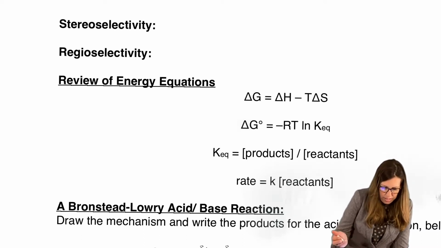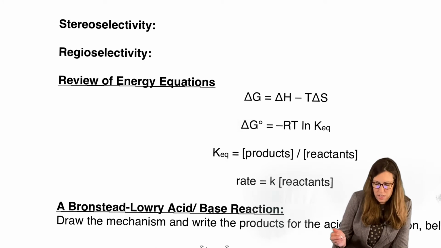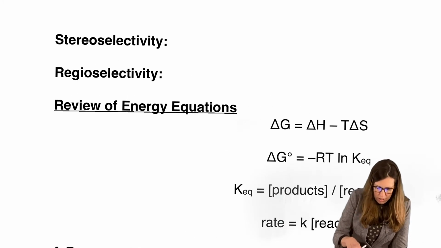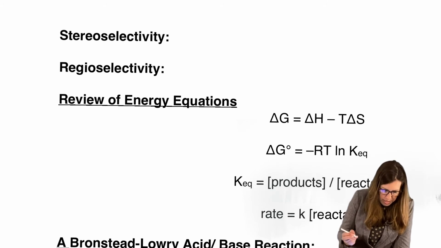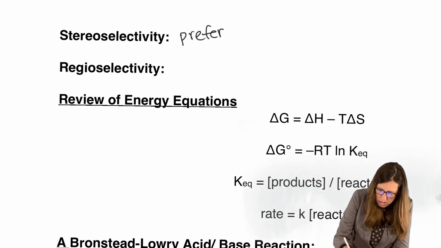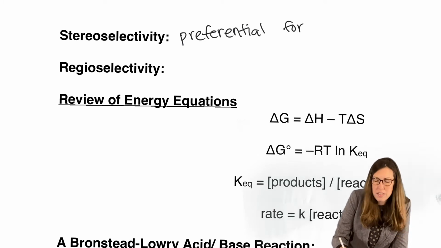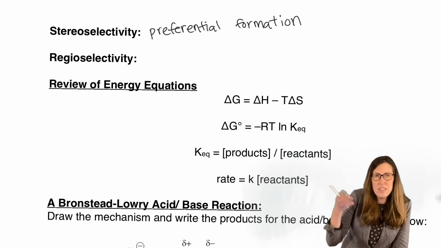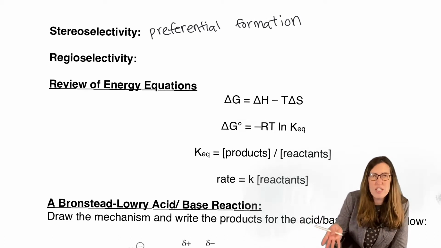So we have this idea of stereoselectivity or stereospecificity, used kind of interchangeably, not exactly, but we're not going to harp on that too much. The idea is that if we see a reaction with preferential formation, so it's selective, it's snobby, right? It prefers one stereoisomer over the other.